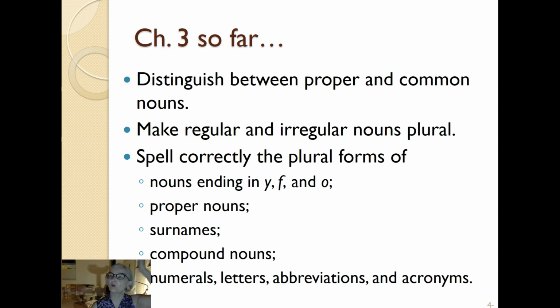So there was something about the ES and then the ES, and the irregular nouns were something that we just had to memorize. Lots of rules about nouns ending in Y, F, and O, and S sounds, and surnames, and compound nouns, and numerals, and letters, and acronyms. Oh boy, that was kind of fun, right?